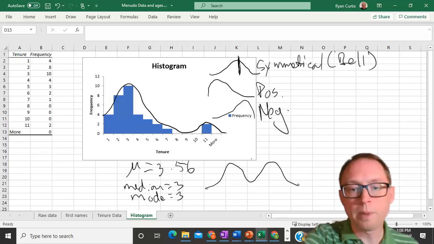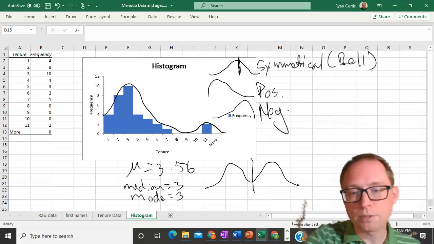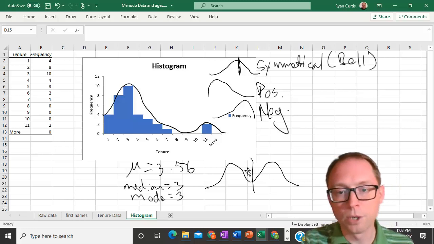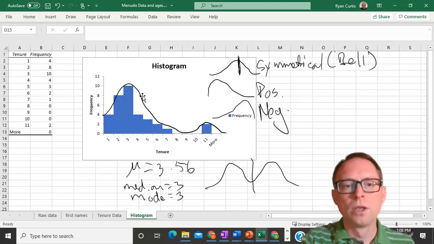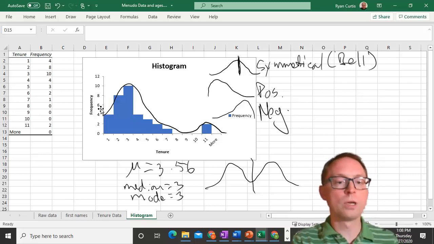This bimodal distribution is also symmetrical, by the way, because the modes are equal on both sides. It's a symmetrical bimodal distribution. What we have here is unimodal, and it is positively skewed. So the menudo one is positively skewed and is unimodal. It's only got one mode.